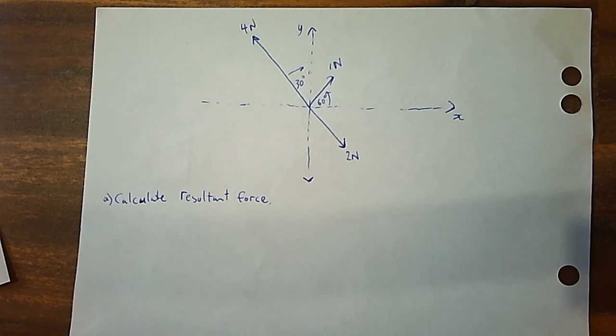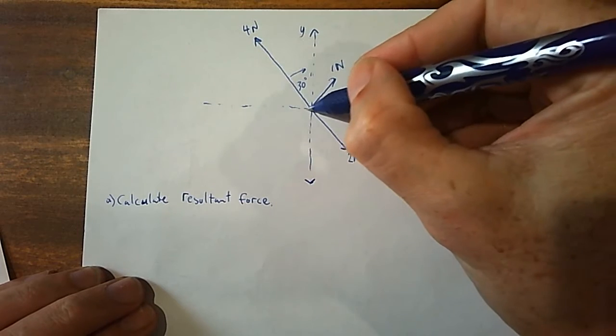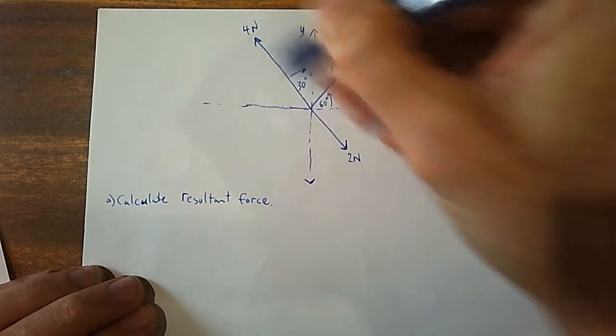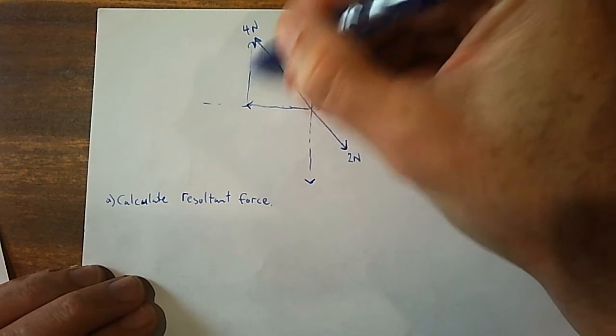I'm not going to approach it in that way this time, because I'm trying to show you a method that would work for a situation where it's not like that, where it's not completely opposite. Okay, so what we're going to do is break it up into the I and J components. So I'll break this first 4 newtons in that direction up into 2 components, this one here and that one there.